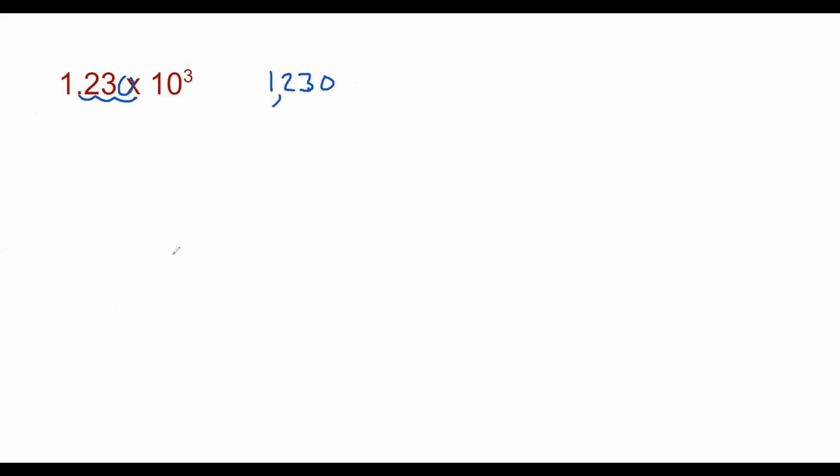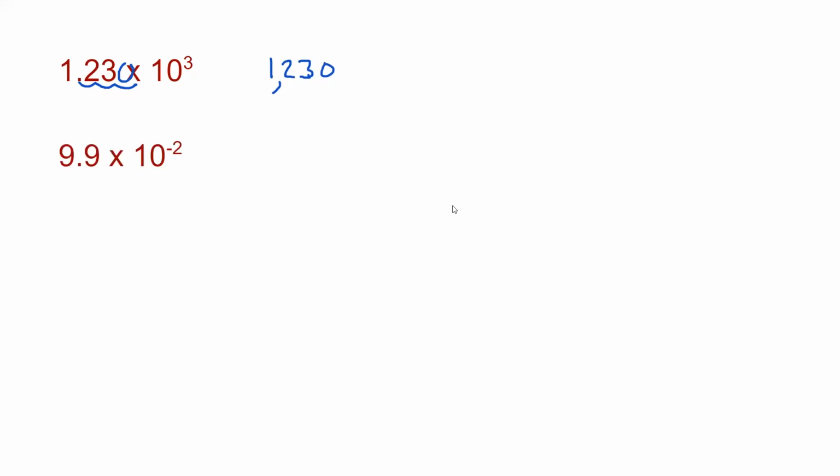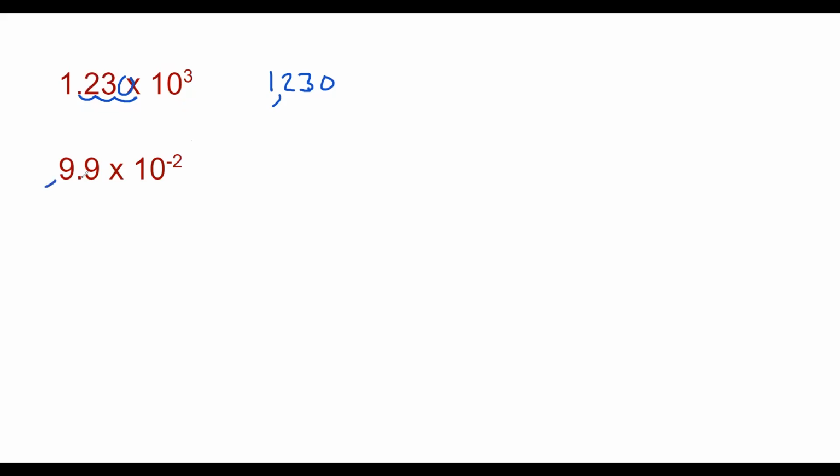So that's 1,230. Next problem, 9.9 times 10 to the negative 2. Negative 2 tells us that this is a small number. Our decimal point is going to move to the left for small numbers. And it's going to move to the left 2 places. 1, 2.